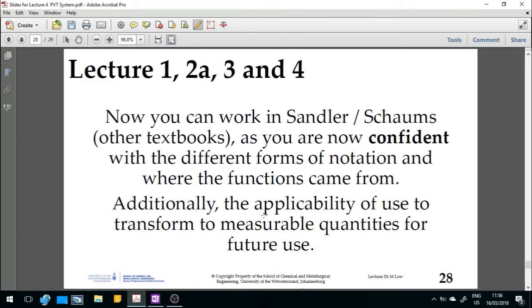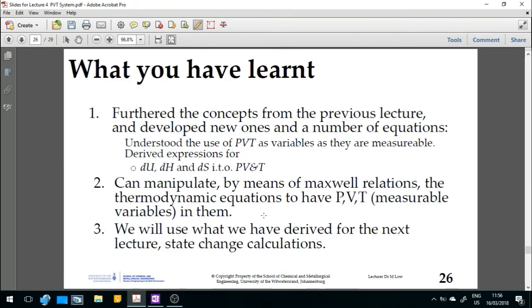Now you can be confident to read other textbooks and manipulate the data.